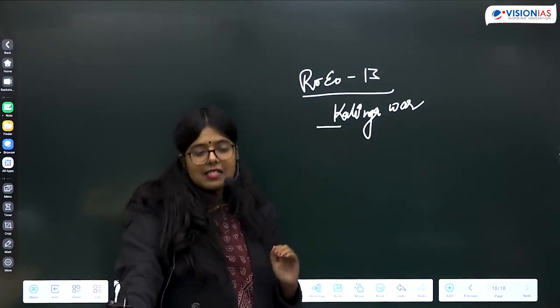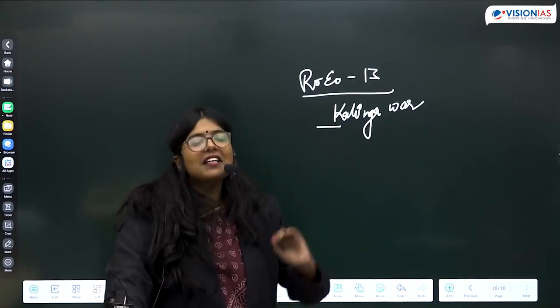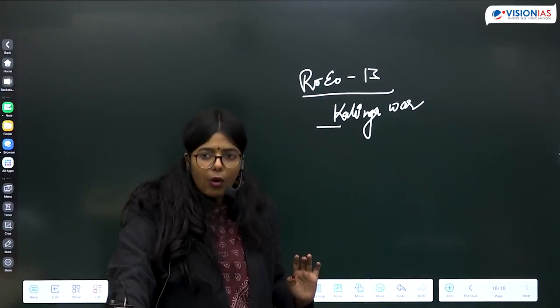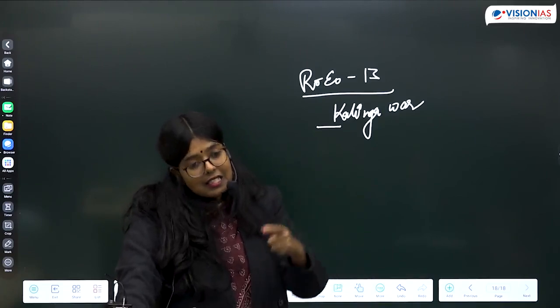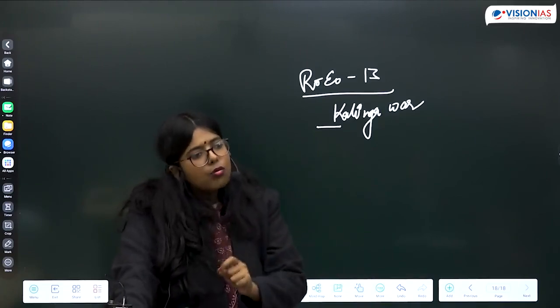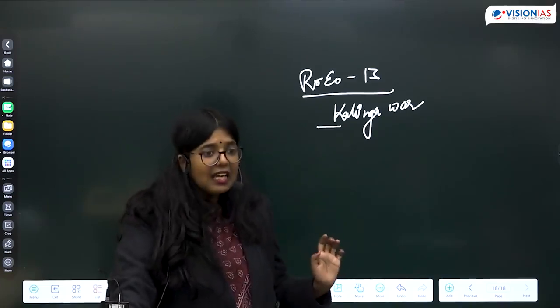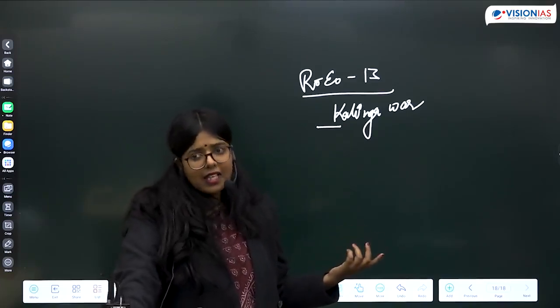And here he is saying that I am repenting that I fought this war. So not only is he giving the details of war, but he is also repenting upon what he did. So this is something very unique.